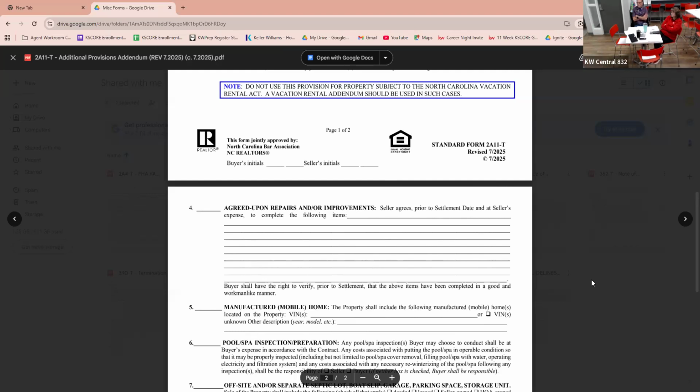Now, you could put in the same section, and have unpermitted items permitted, but your offer's probably not going to be accepted. Maybe we could be specific enough to say all items that this particular seller did the work on, we're requesting be permitted.